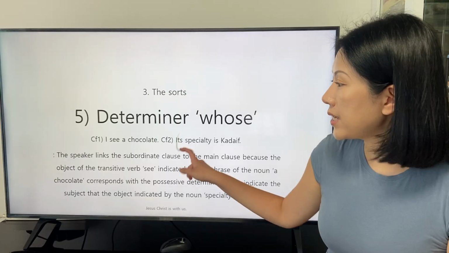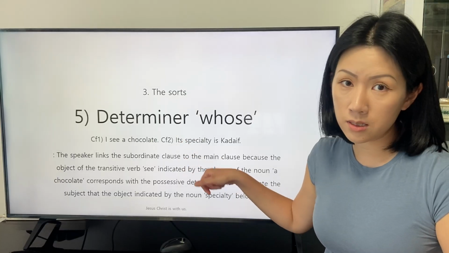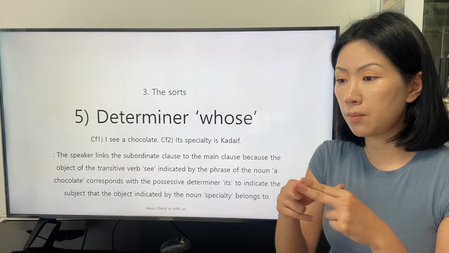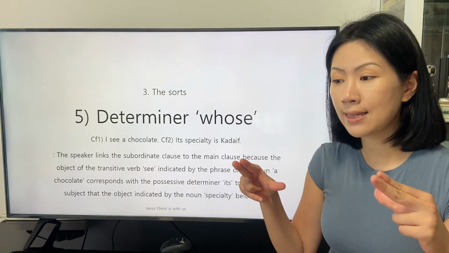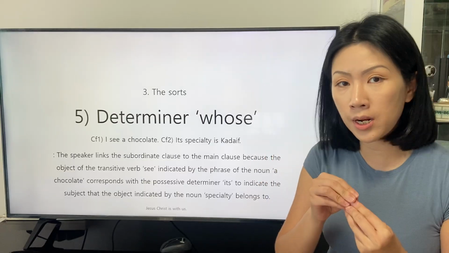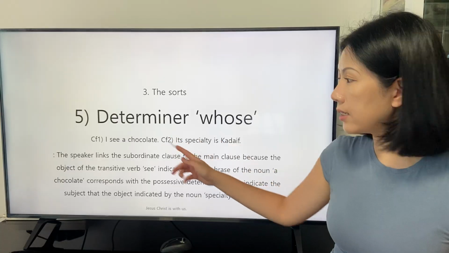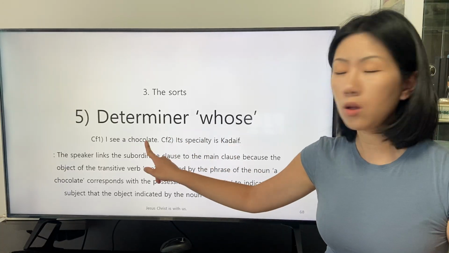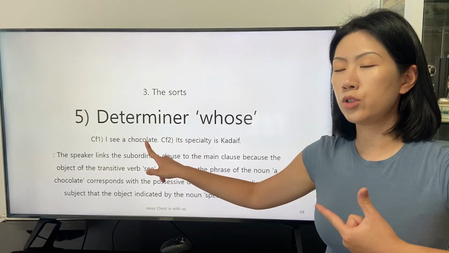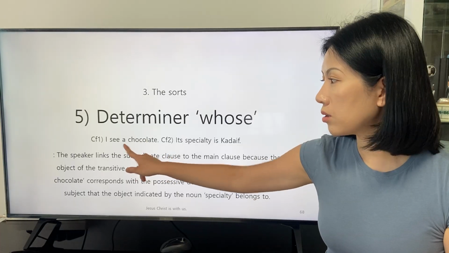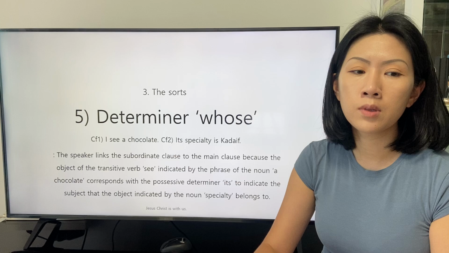So the speaker replaces the possessive determiner it with the possessive determiner whose, which is a subordinating conjunction, and links the whole clause after the precedent, the chocolate, the shared indication.